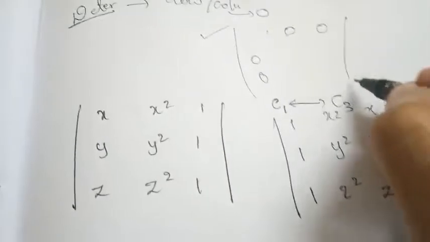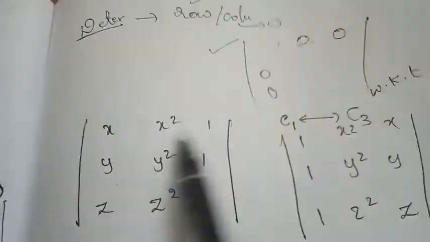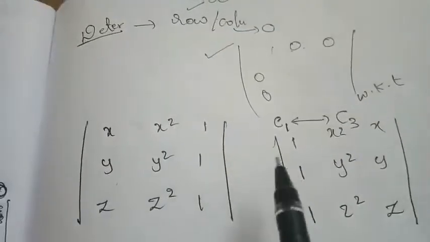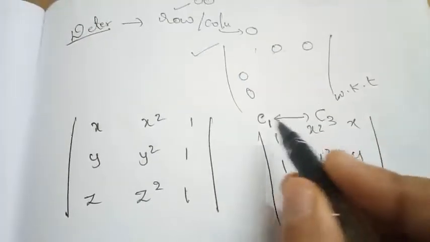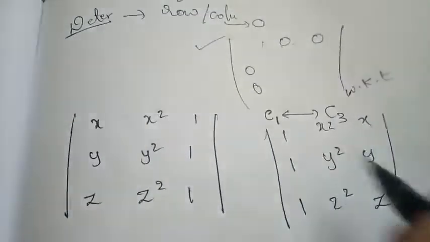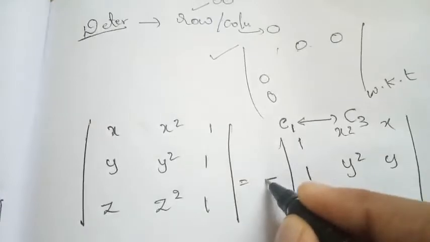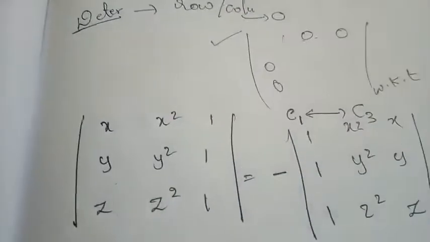We know that by interchanging any two rows or columns, the determinant sign changes. So by applying this one column operation, this one is equal to minus times this one.